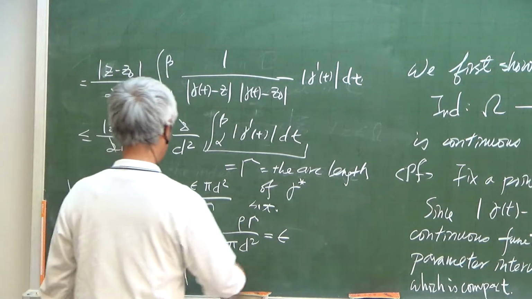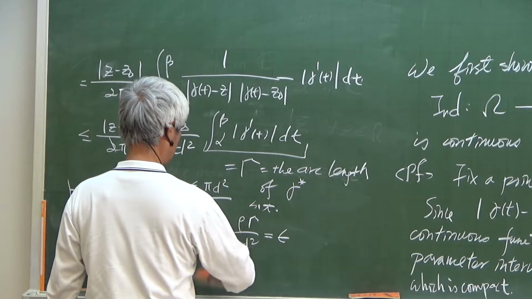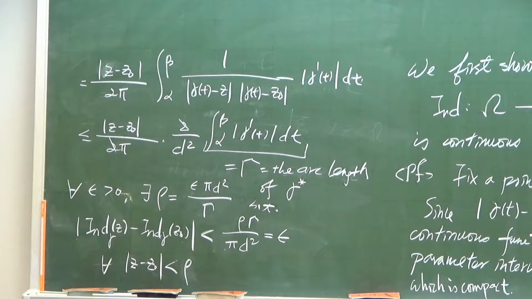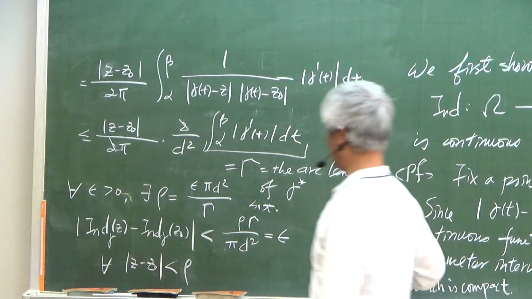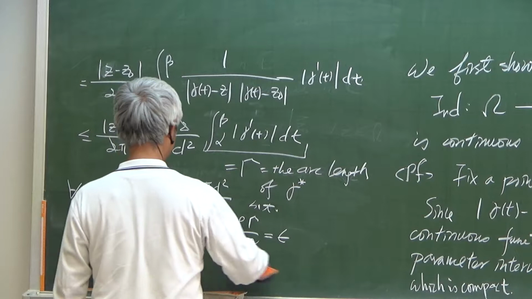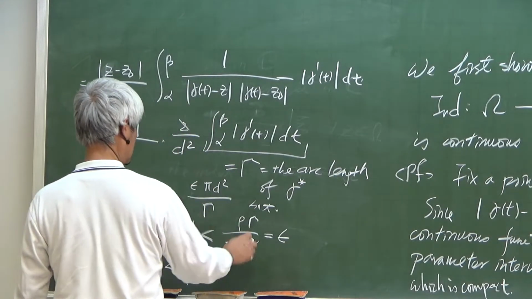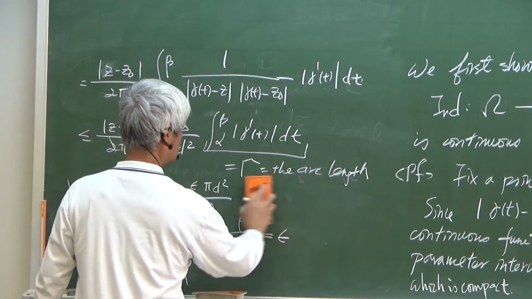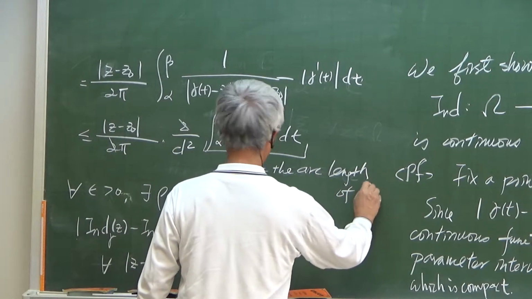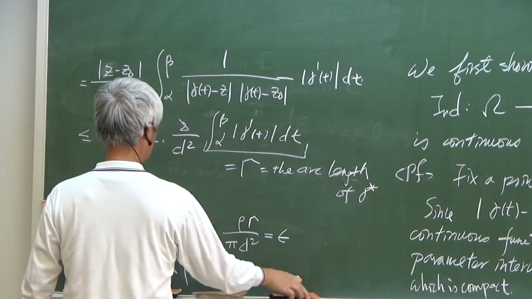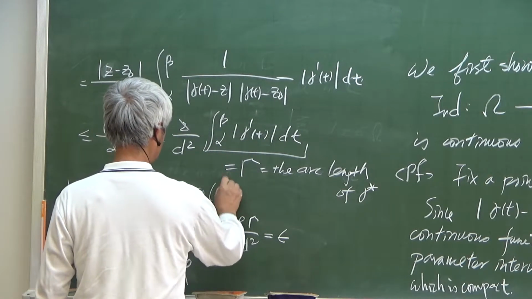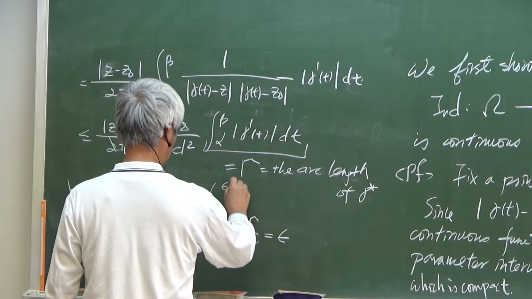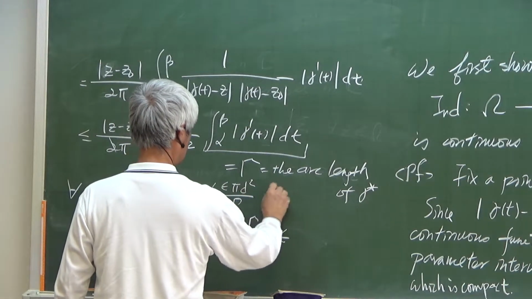Okay, but here we require that rho is less than d divided by 2. So to fix that, we should say rho is the minimum of d divided by 2 and epsilon pi d square gamma.